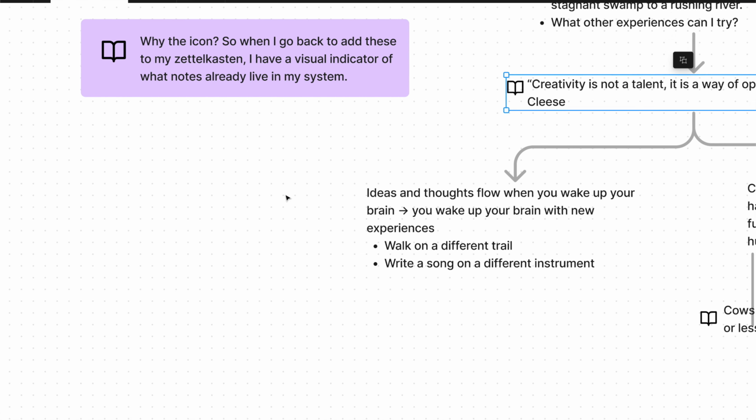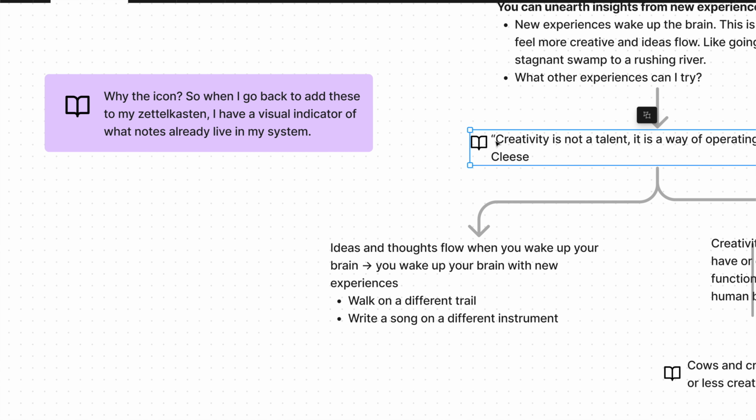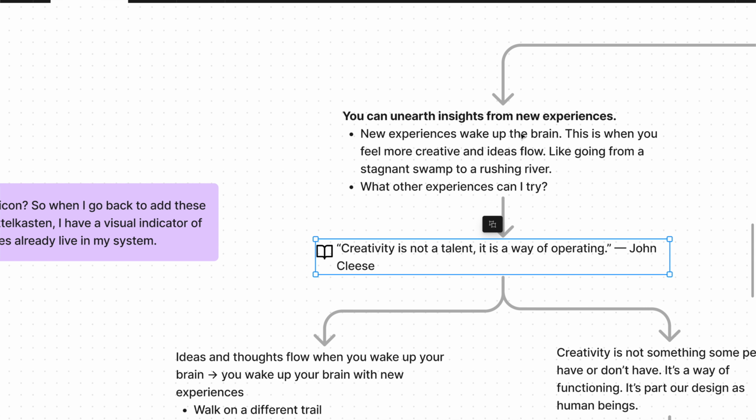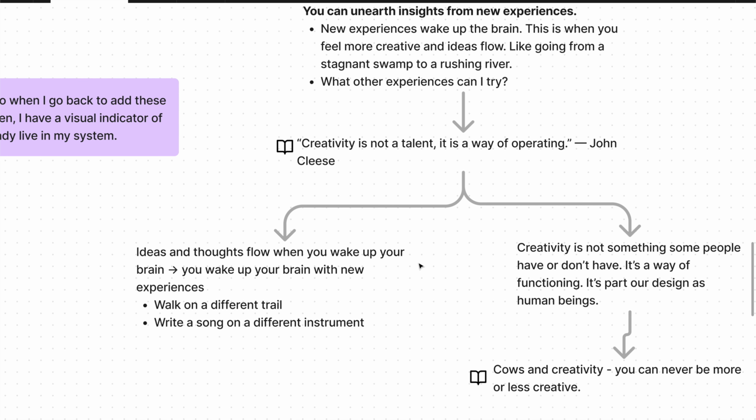This was a visual representation to let me know that when I go back to add these to my Zettelkasten, I actually already have these in my system. And it's more of a way to know what I need to connect these notes to, right? So I can connect these notes together, but I already have this in my system. I don't need to create another note for that.